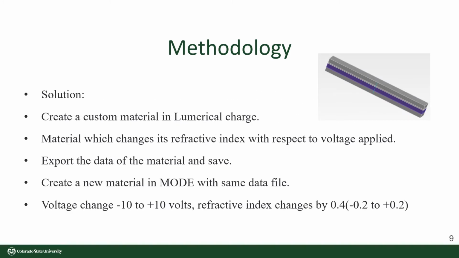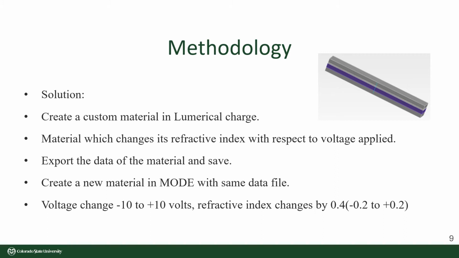The solution that I came up with for this issue was to create a custom material in Numerical Charge. Numerical Charge is a software that is similar to Numerical Mode, where we can create custom materials and import them to Numerical Mode. The material that I have created changes its refractive index with respect to voltage applied.